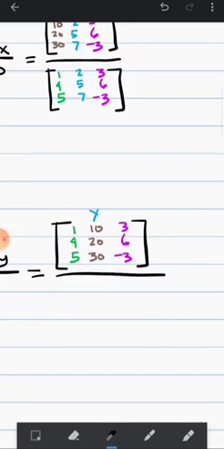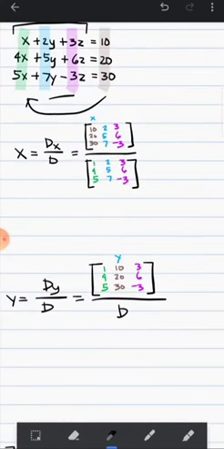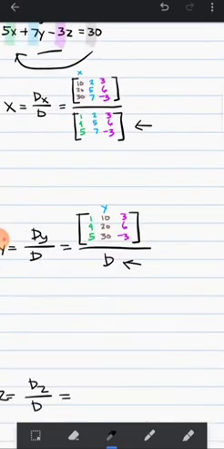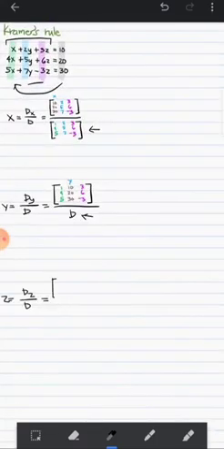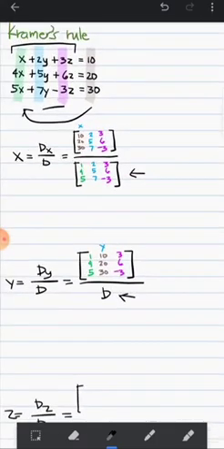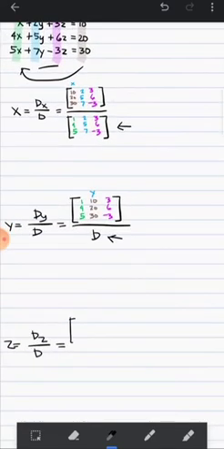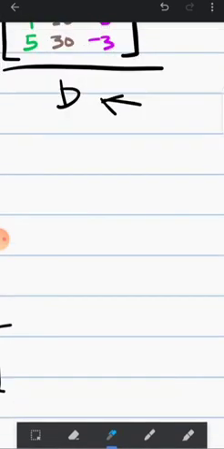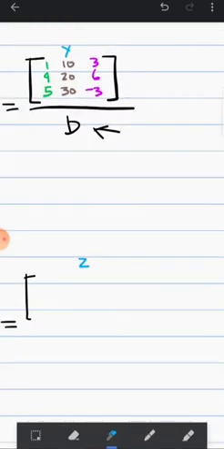All over the determinant of all, which will not change. So whatever the answer of this, you just have to substitute here. Right? And then for z, if we have x, we put the constants on the column of x. If we have y, we put the constant in the column of y. And of course, if we have z, we put the constant to the column of z.